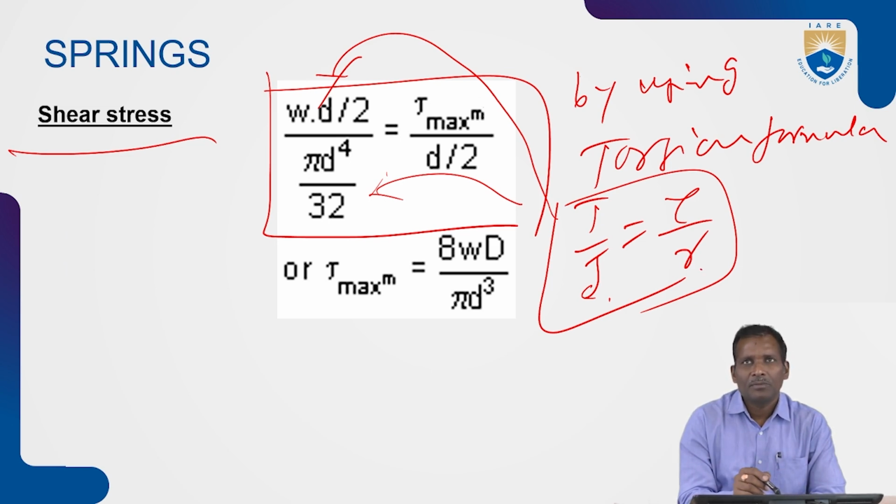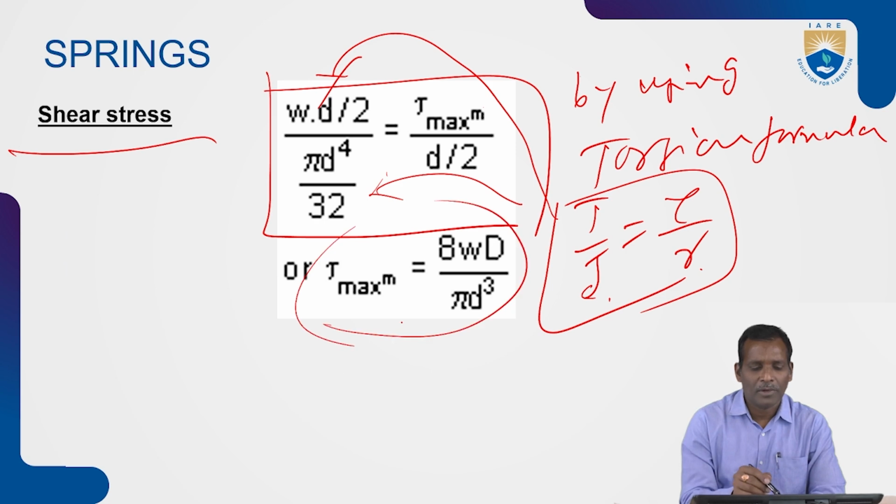So this equation is written by using the torsion formula. Now the maximum shear stress is equal to 8 W D by pi d cube.